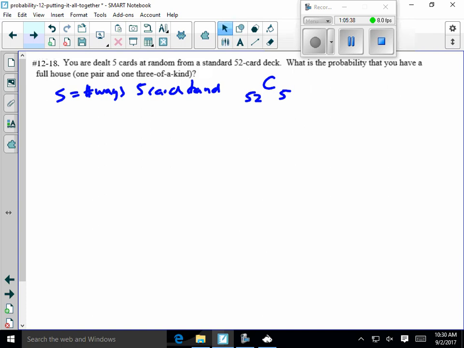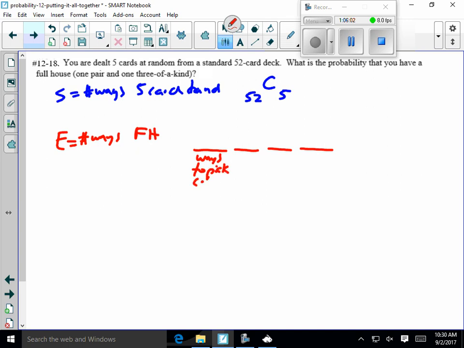And then the other thing I could do, the event, is going to be the number of ways to have a full house, okay? So that's more complicated, so I'm going to use boxes to count that. Actually, there are 4 choices to make. What I have to do is figure out the number of ways to pick the card to have a pair of, right?